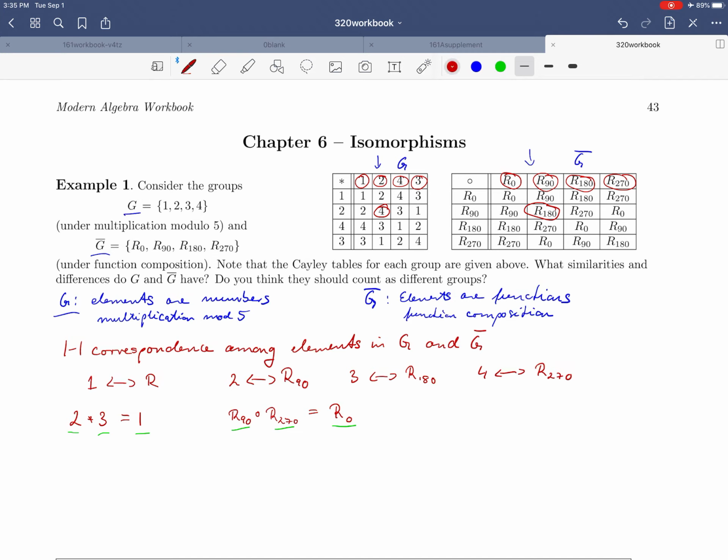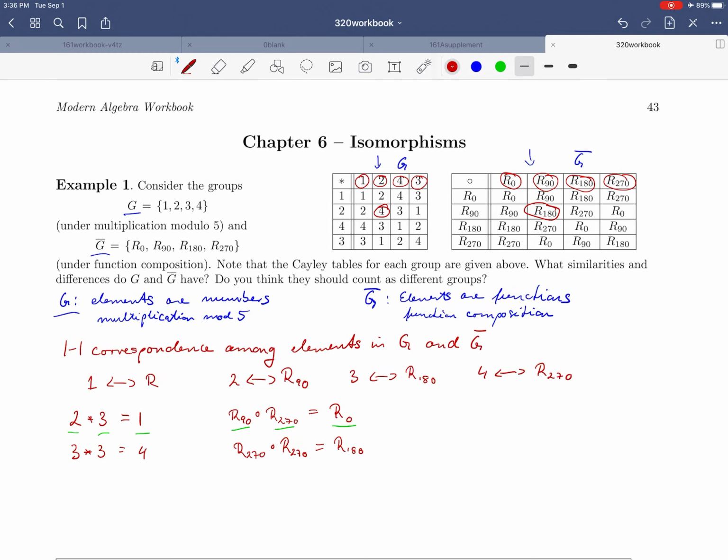Or another example: if you take 3 and multiply it by itself mod 5, you get 4. And the corresponding action in G bar is R270 composed with R270. That is R180, and R180 corresponds to 4.